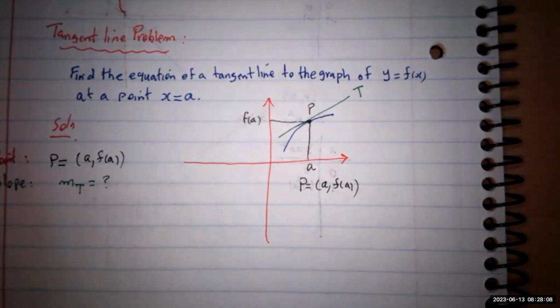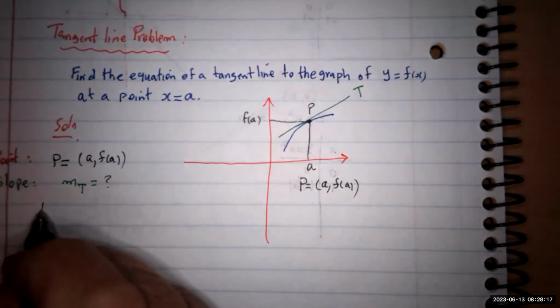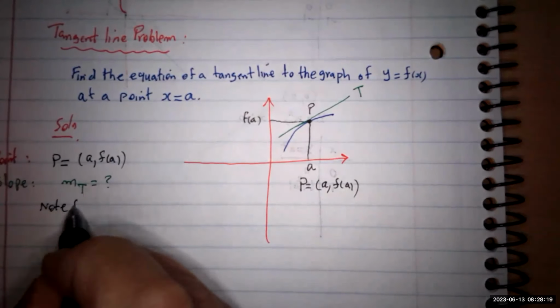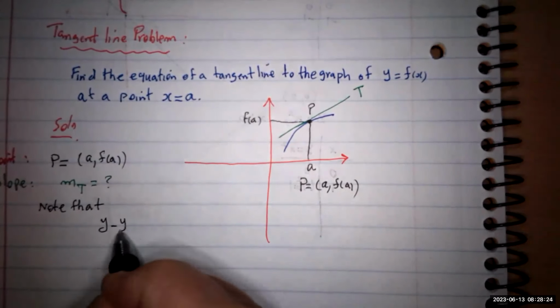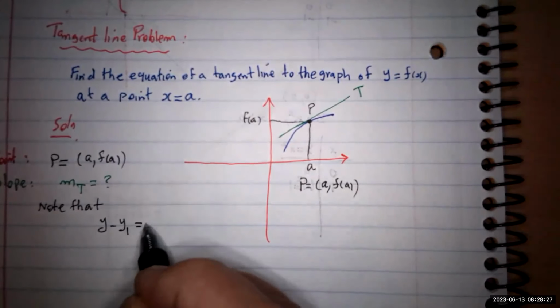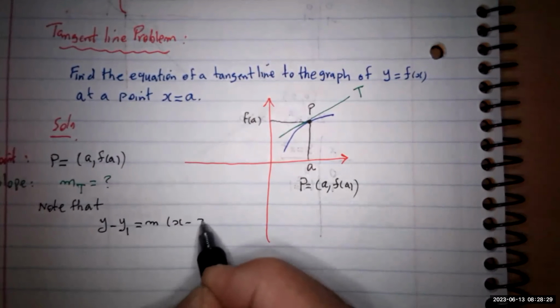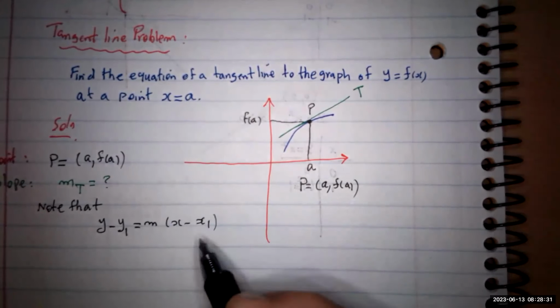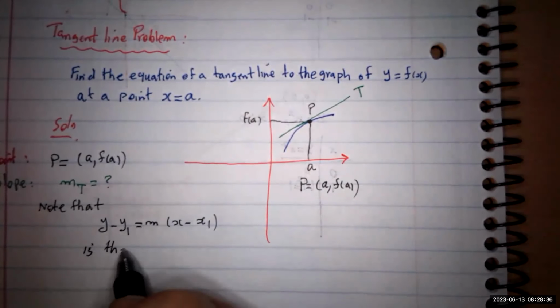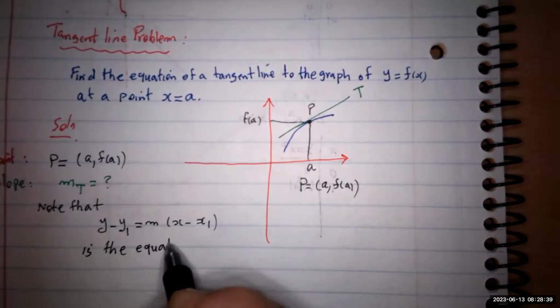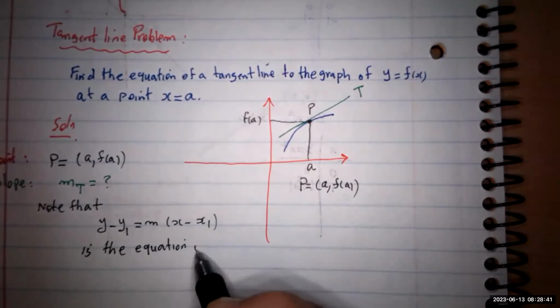What's the equation of the line? y minus y1 equals m times x minus x1. Excellent. If we have this information, then we use this formula: y minus y1 equal to m times x minus x1. This is the equation of a line.